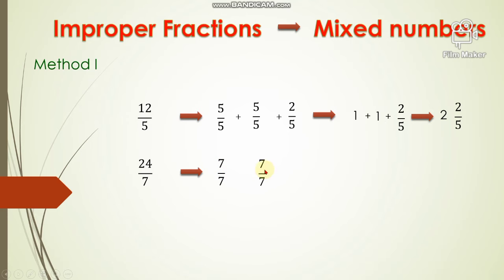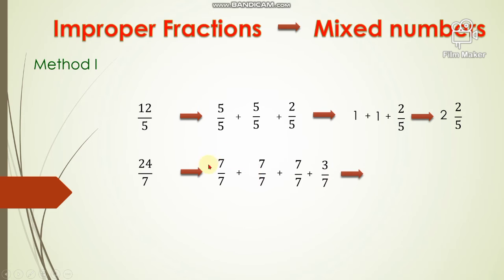Now 7 plus 7 is 14. You have to add fractions until the sum of the numerators reaches 24, so you have to add another 7. Now 21 is there. Then the remainder is how much? 3 over 7.